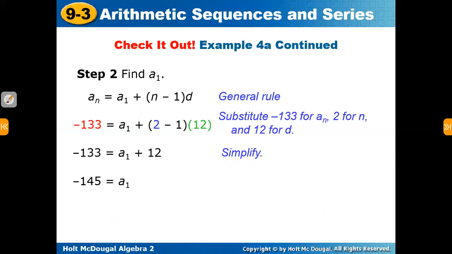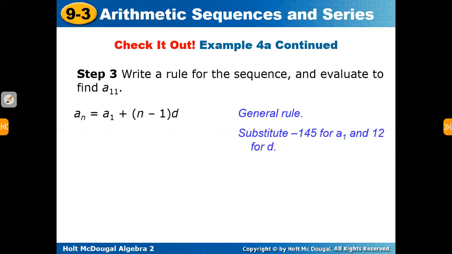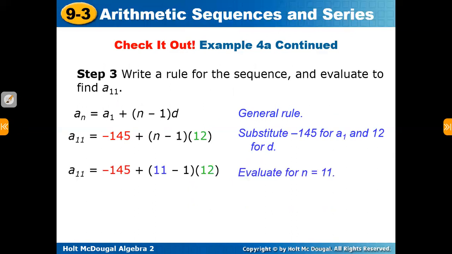In step 3, since we are asked to find the 11th term, just apply the general rule. You have A1 and D, substitute the values. N is 11 because it is the 11th term. So the 11th term is minus 25.